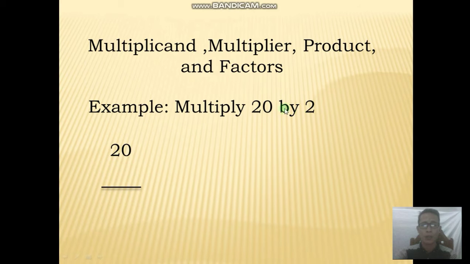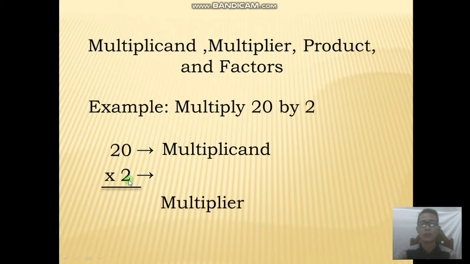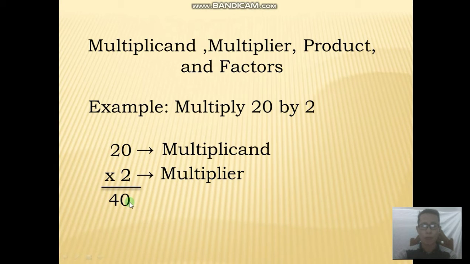Our first integer is what we call multiplicand, and the second integer is what we call multiplier, and the result, which is 40, is what we call product. The multiplicand and multiplier are also called factors. So these are the terms we need to familiarize in doing multiplication.